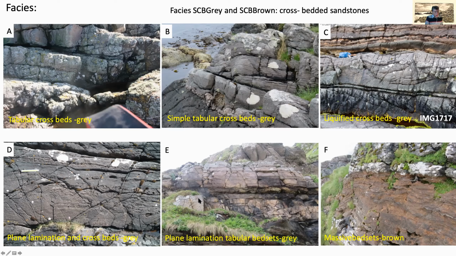In D, we can see that there's plane lamination as well as cross-bedding. Plane lamination is quite well developed in decimeter beds and particularly characteristic of small coarsening upward sequences, as we'll see shortly.